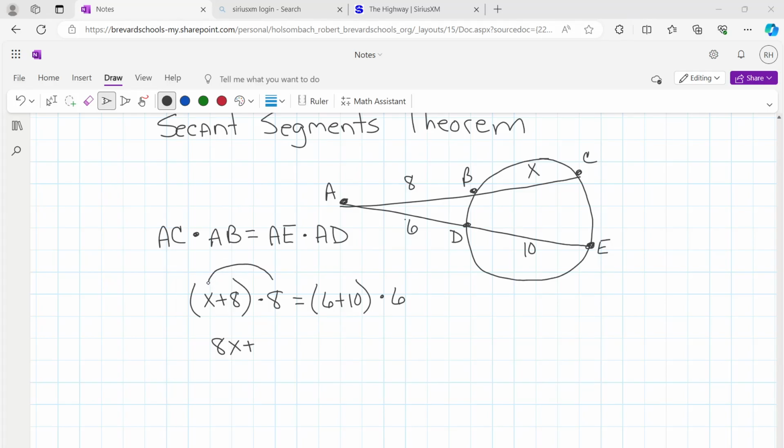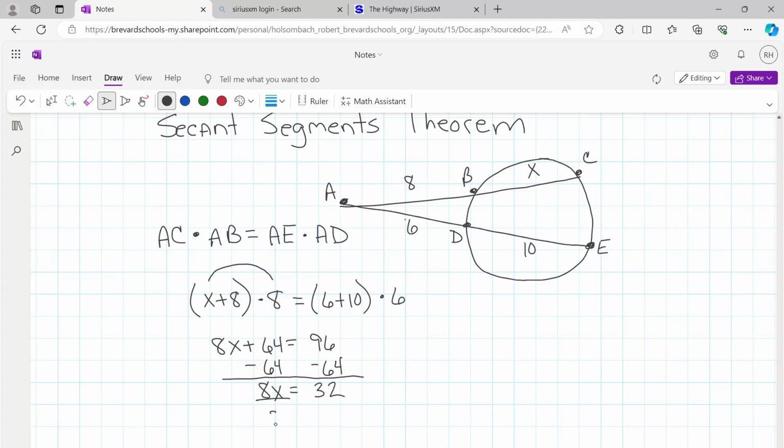All right, so we got our X times 8 plus our 8 times 8, which is 64, equal to our 6 plus 10 is 16 times 6, which is 96. So we can subtract 64 from each side. Our 8X is equal to 96 minus 64 is 32.